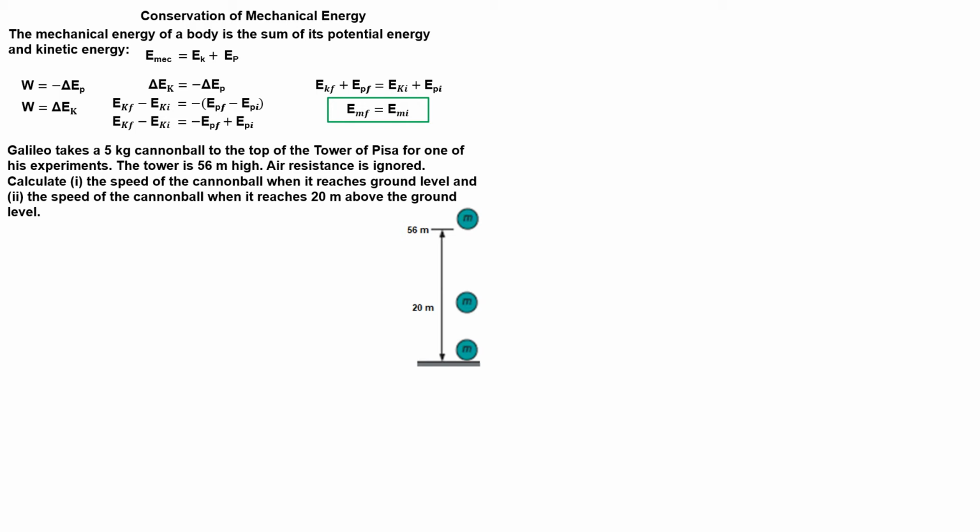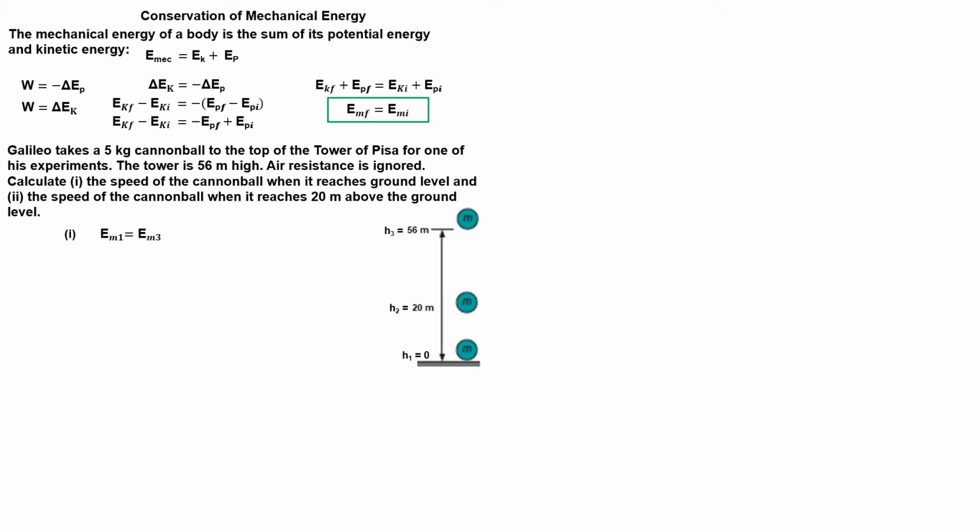Let subscript 1 correspond to the ground level. Let subscript 2 correspond to the state at 20 meters above the ground level. And finally, let subscript 3 correspond to the state at 56 meters above the ground level. As the air resistance is negligible, we use the principle of conservation of mechanical energy.